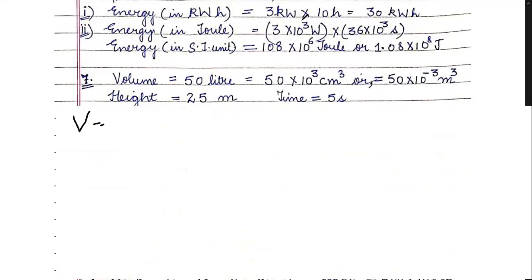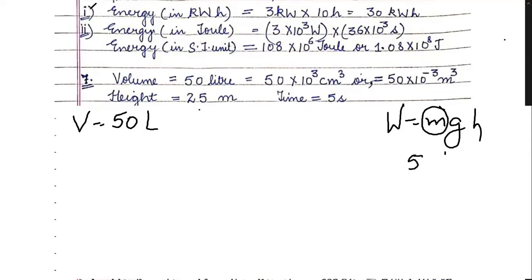Volume is given to be 50 liter and height is given to be 25 meter. Time is 5 seconds. So we know that work done can be written as mgh. g is given to you. Height is given to you. The problem is we are not provided with mass.